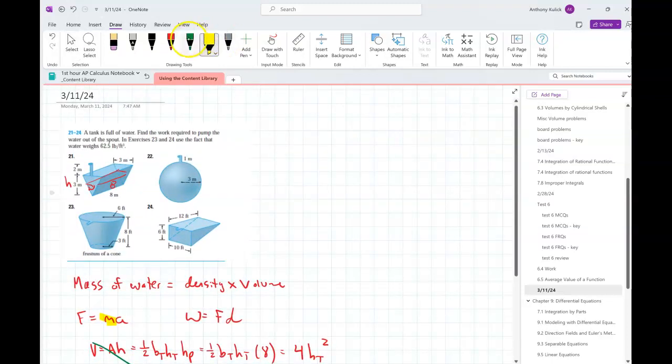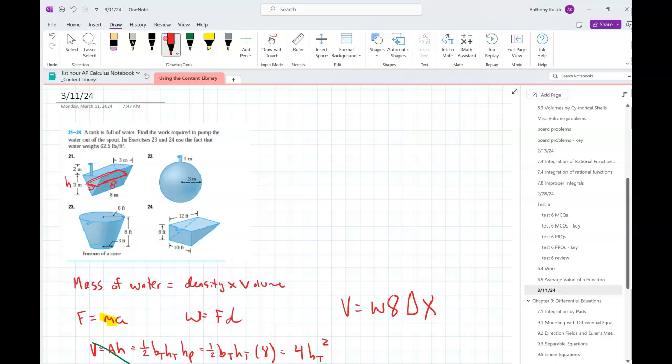So the stuff that we're actually pumping is this rectangle, right? So the volume of that rectangle is really just width times 4 times delta x. Or sorry, width times 8 times delta x.